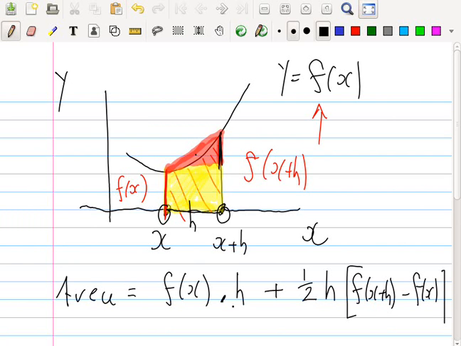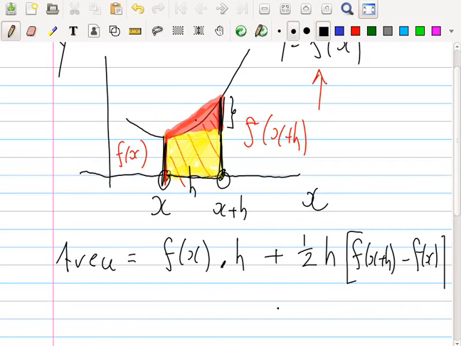This height here. Because this one here is f of x, and this one here is f of x plus h. So I just want this piece here.